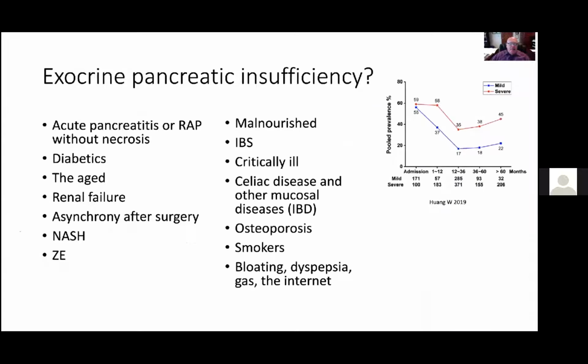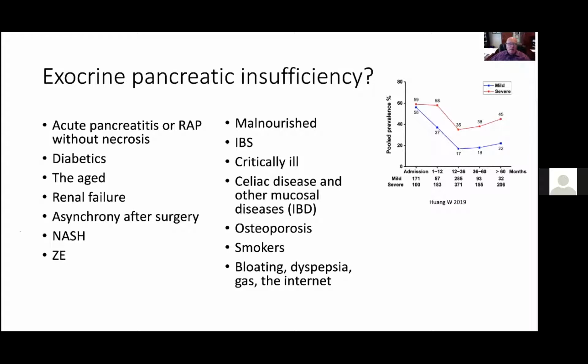Now, in addition to these patients, there's a variety of others where we might encounter exocrine insufficiency. One of the more interesting ones are patients that have acute pancreatitis or relapsing pancreatitis, and it's not severe enough to cause necrosis, but who nonetheless develop exocrine insufficiency. That chart on the upper right looks at the pooled prevalence of exocrine insufficiency in patients with either severe, in the red, or mild, in the blue, acute pancreatitis, and the x-axis is time since admission for acute pancreatitis.